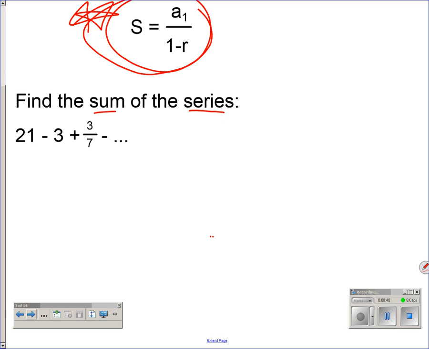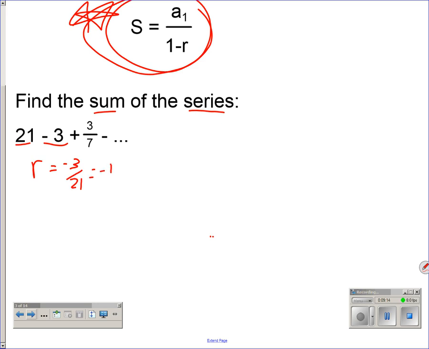It does not exist, because if your rate's not between -1 and 1, the numbers are getting infinitely bigger and you can't find the sum. So the first thing you've got to do is identify what your rate is and make sure it's between -1 and 1. Some people might not be able to see that just by looking at it. So if you can't, just remember, take one term and divide by your previous term.